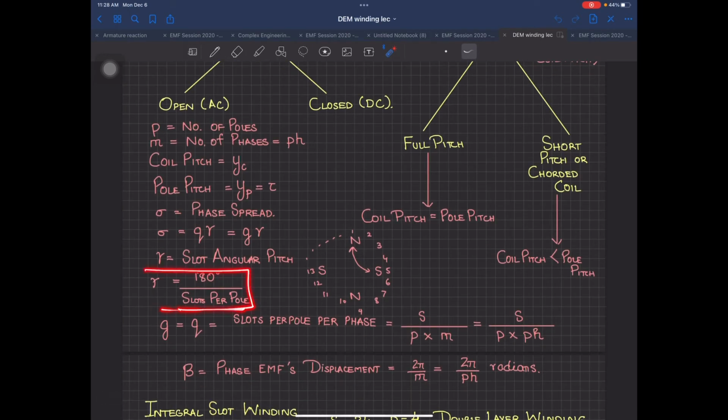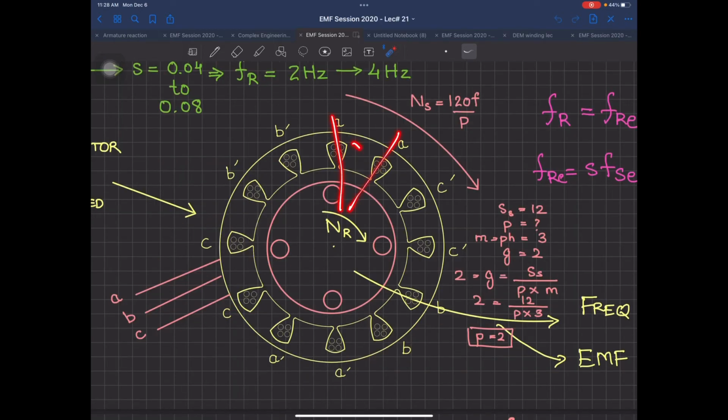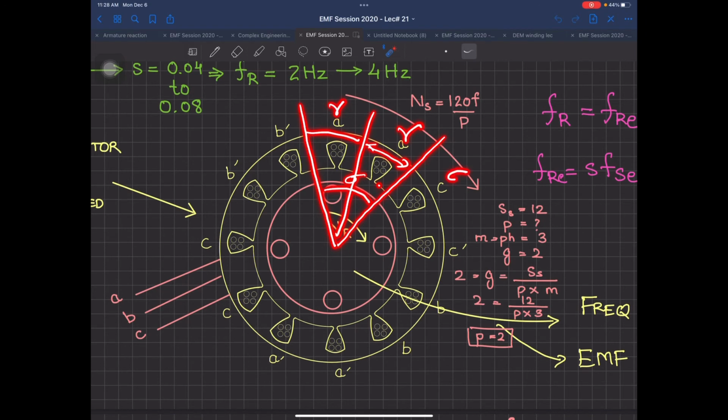Since this angle is gamma, and I am talking about this angle to this angle, this was your phase spread. From here to here one gamma, from here to here one gamma. So to find the phase spread, you multiply G by gamma. What is G? G is equal to 2, because 2 slots multiplied by gamma over here.